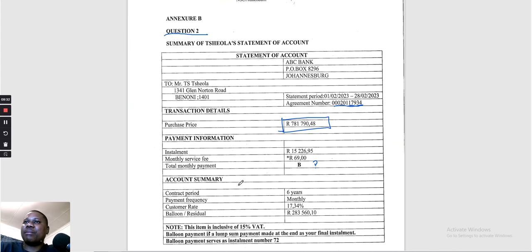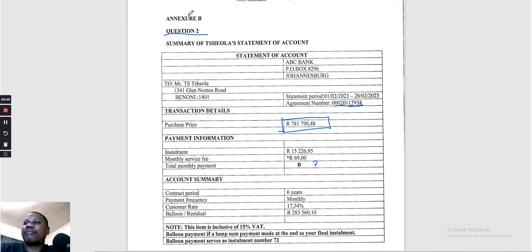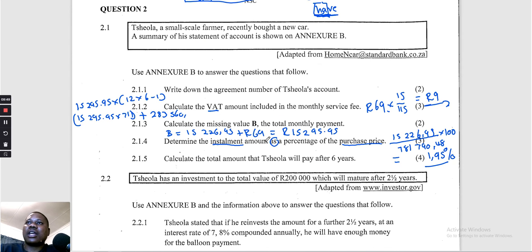How much is the balloon payment? The balloon payment is 283,560.10. So all in all, how much? Okay, let me just write the number here. This is 2.1.5. So how much is it going to do? I can just do that on a calculator. 15,295.95 multiplied by 71.